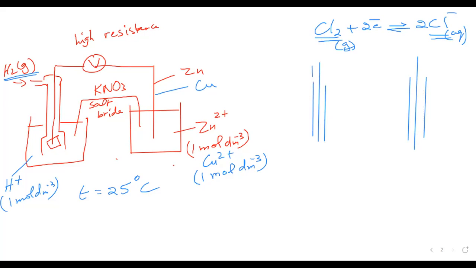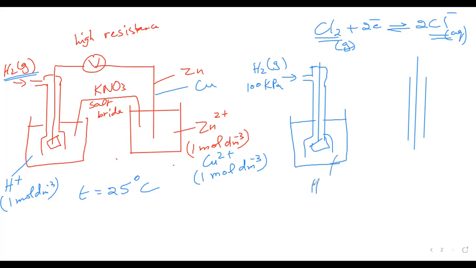Okay, so here this is the standard hydrogen electrode. We said that we are going to pass hydrogen at 1 atmosphere or 100 kilopascal through a solution of hydrogen ions at 1 mole per decimeter cube. And we are going to do the same for the other electrode, but there we have chlorine.